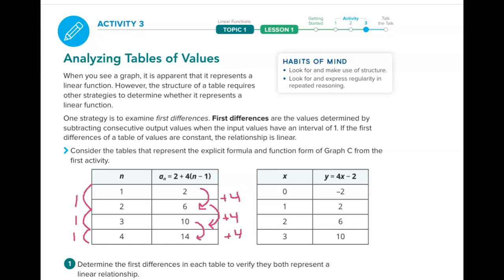So every time that our X value increased by 1, our Y value, or our output value, increased by 4. This means that the slope of this linear equation is 4 over 1, because it's the change in Y over the change in X. And if you simplify 4 divided by 1, that comes out to 4. So 4 is the slope of this linear equation.